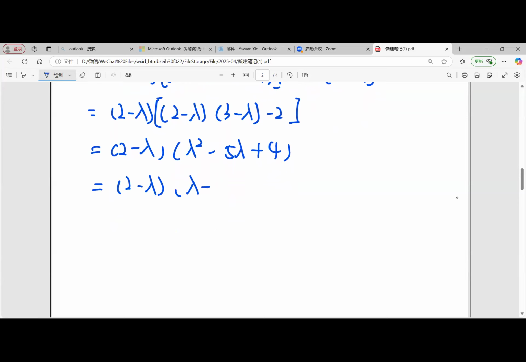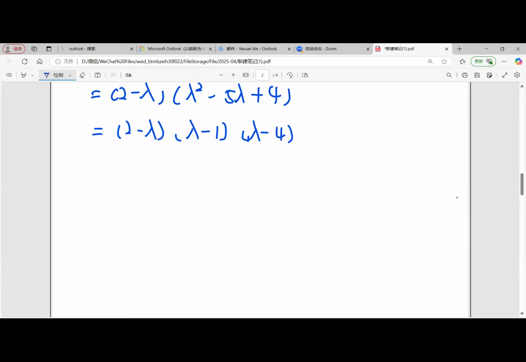And we'll further factorize it, and it's lambda minus 1, lambda minus 4. So we set this equation to 0, and we'll get 3 solutions. That's our eigenvalues.